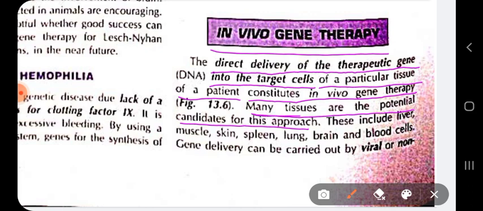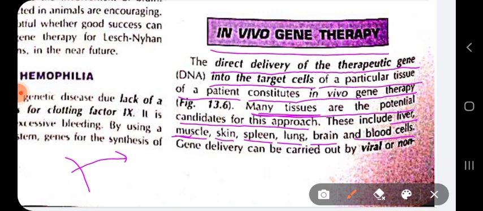And many tissues are involved for this in vivo gene therapy approach, like liver, muscle, skin, spleen, lungs, brain, and blood cells can be employed for in vivo gene therapy. That means, suppose we have some disorder, we directly take out the cells from that particular tissue.